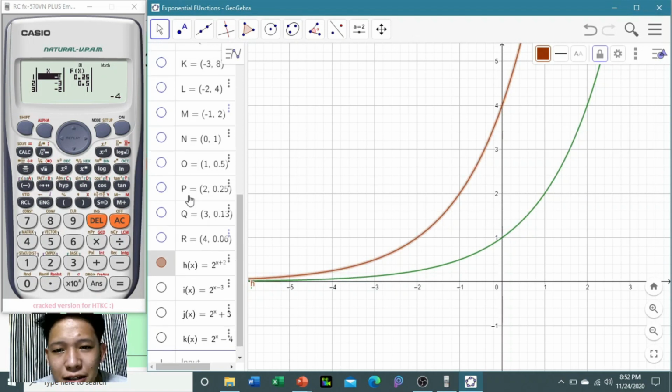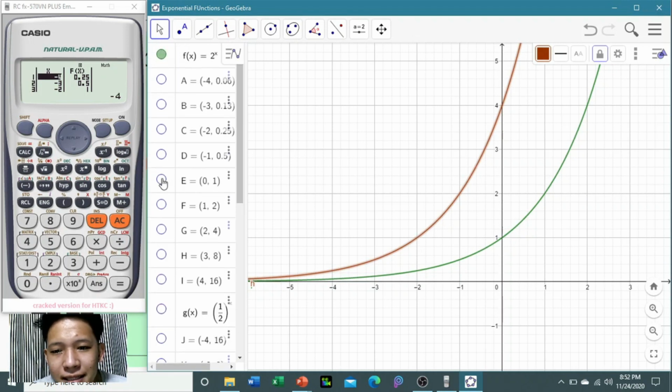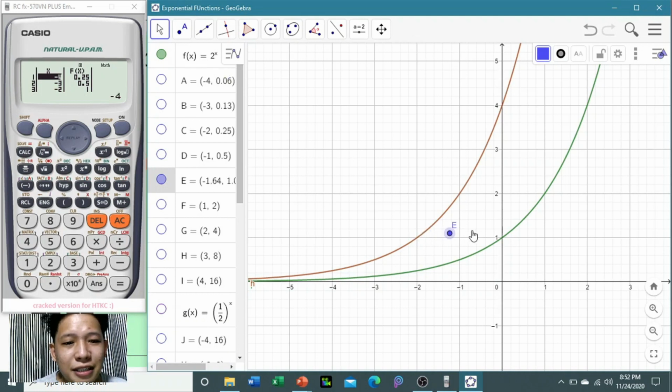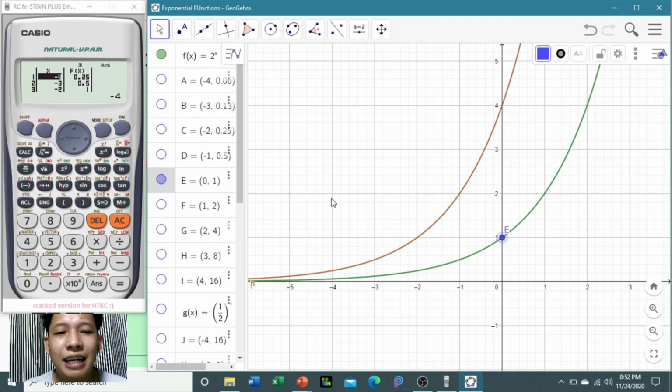So kung papansinin niyo po itong ating y-intercept kanina, nag-move siya ng 2 units. Okay? 2 units to our left. So, to the 2 units to the left of the original function. Okay? So, just draw conclusions from it.